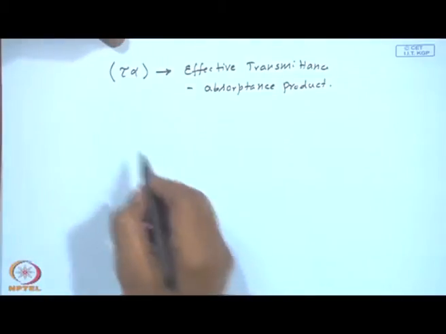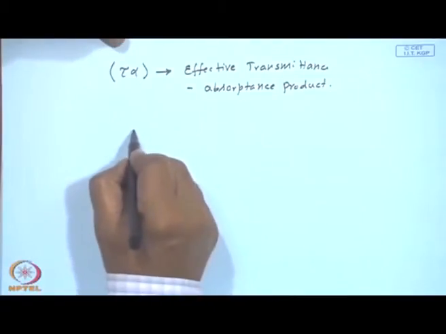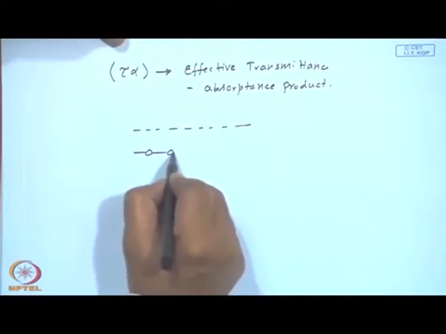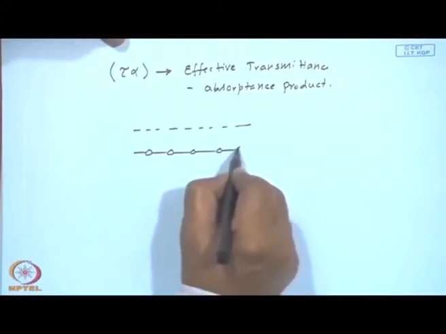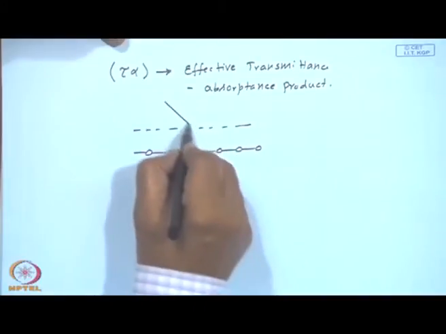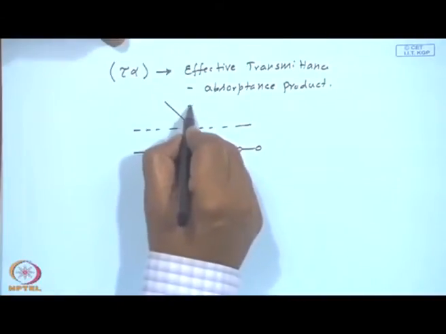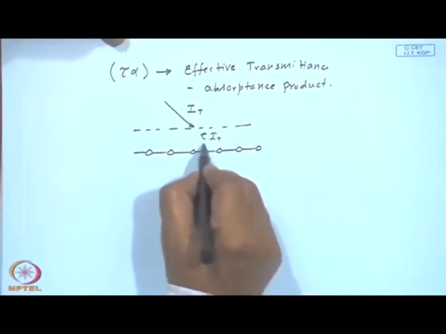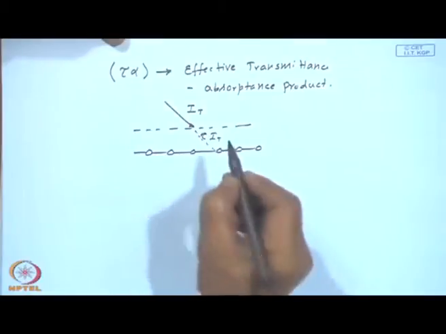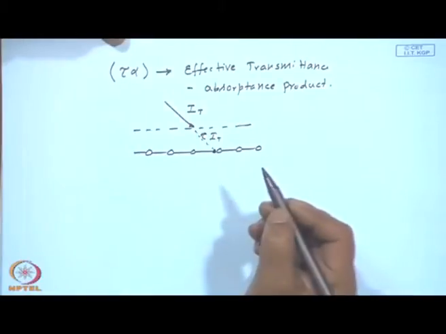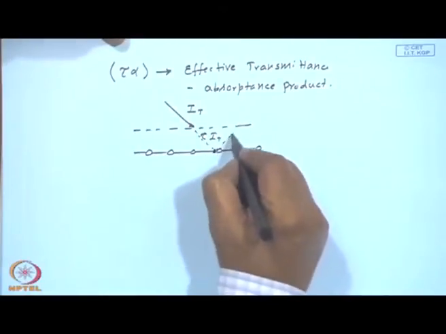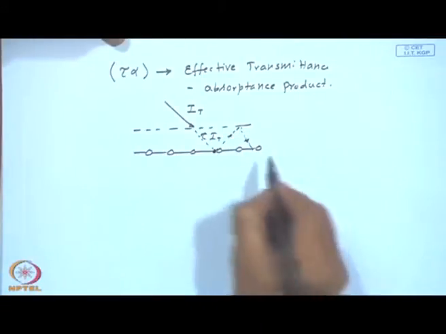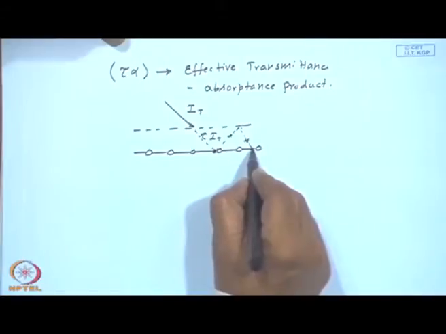Why effective? If you have a glass cover and then an absorbing surface, and incoming radiation of I t, tau into I t reaches this surface, part of it is absorbed, part of it is reflected, again a part of it is re-reflected. So, a part of it is again absorbed.